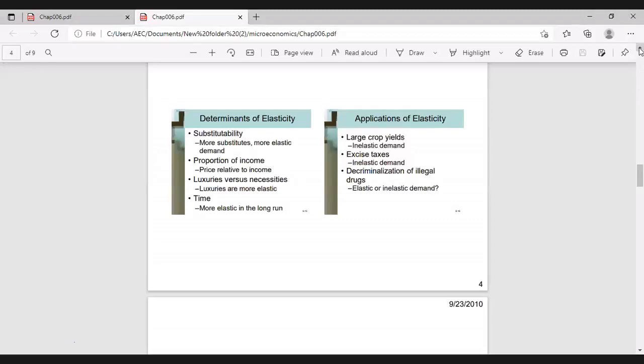For example, for agriculture products, because of inelastic demand, the price fluctuates in the market. You can see green chili, sometimes 100 rupees a kilogram, sometimes 2000, 3000 rupees, because of the inelastic demand.